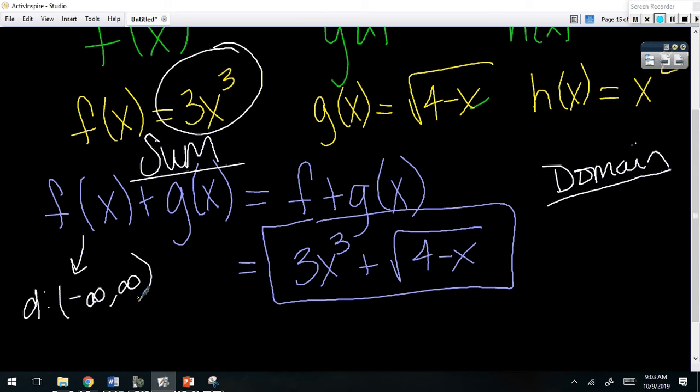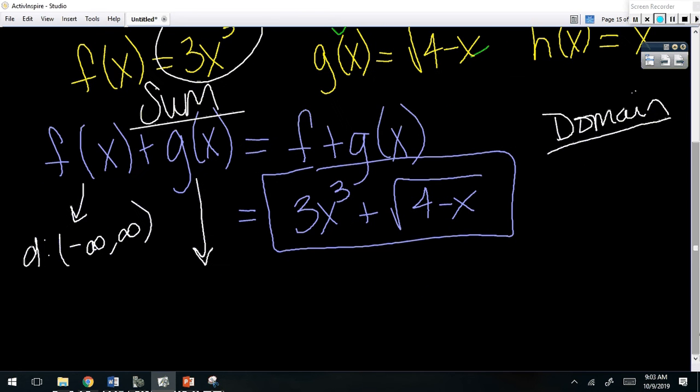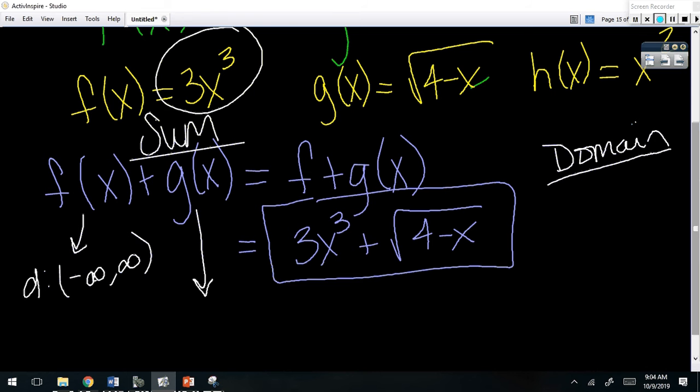What about the domain of g of x? Because it's a little bit different. What's wrong with g of x? Look at g of x. It's a radical. Remember, two things are restricting my domain, fractions and radicals. I have one of them here, and that's a radical, right?